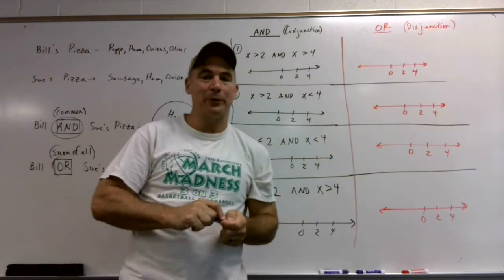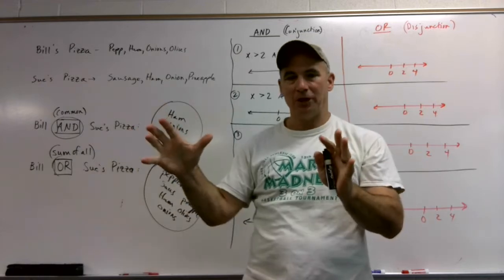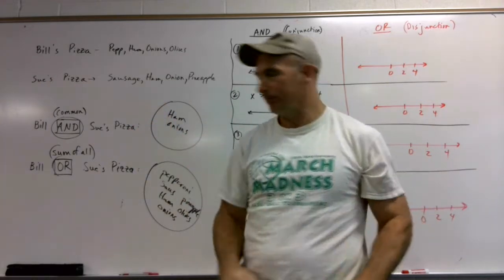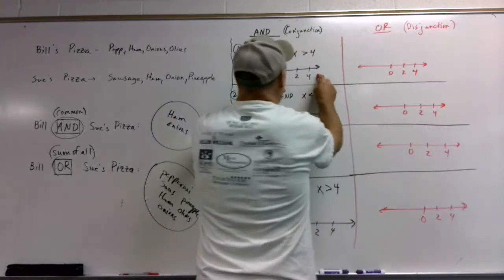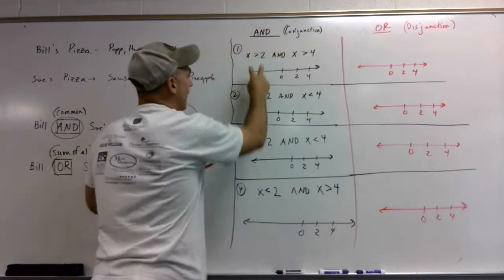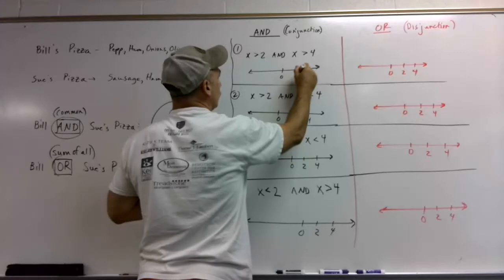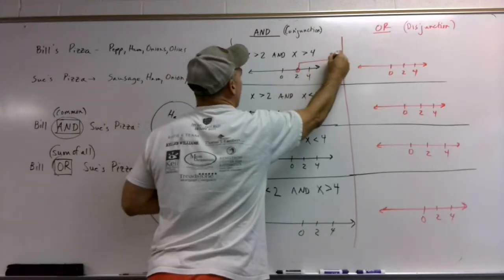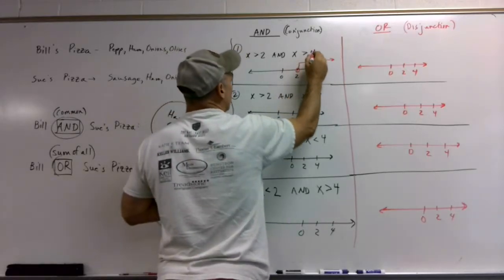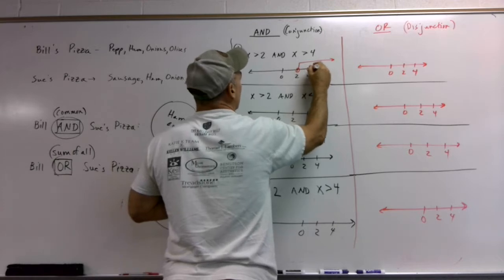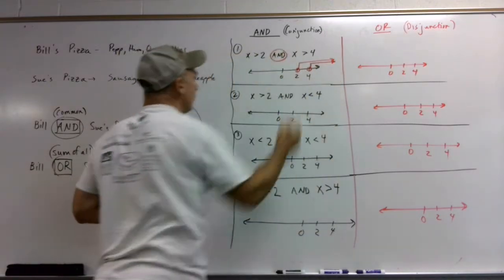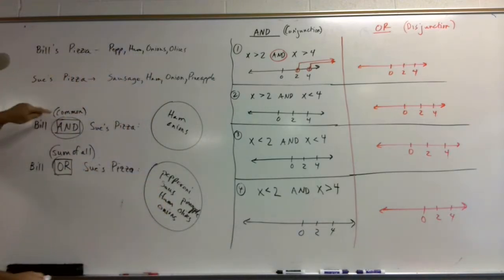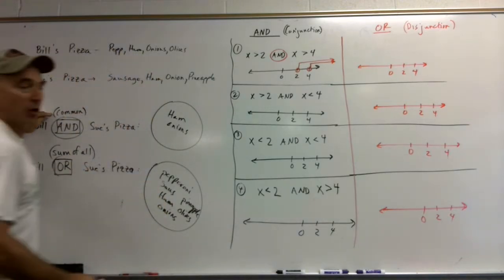All right, now we got to transition and take that logic and apply it to math. Are you ready? So what we have here, and we're going to use these graphs, these number lines, we have x is greater than 2, so that's an open circle up to the right. We have x is greater than 4, open circle up to the right. Now, because of the word and, we're looking for what's in common.